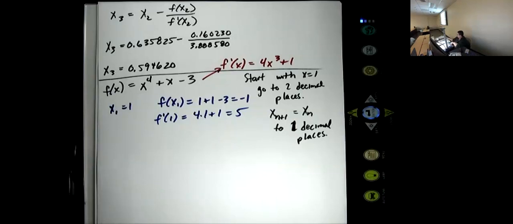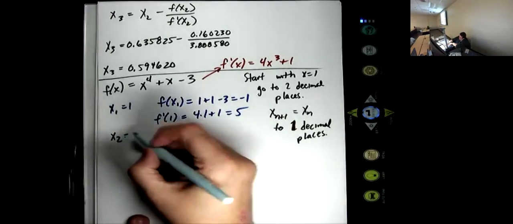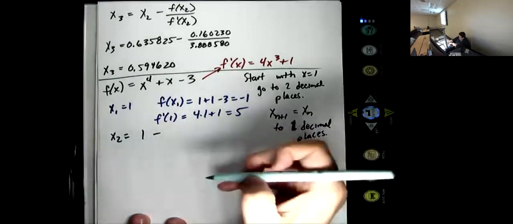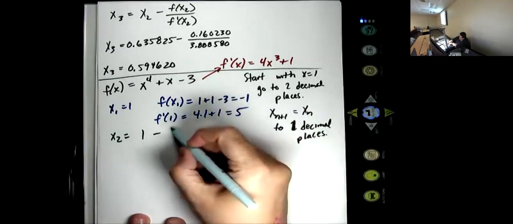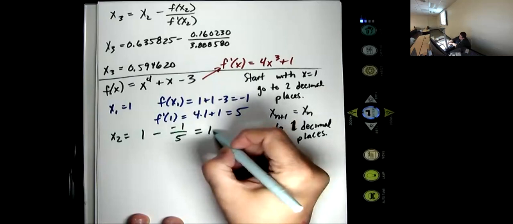I don't even need a calculator for this. Did I make this too easy with 1 decimal place? I think I did. One minus negative 1/5 is 1 plus 1/5, which is 1.2.